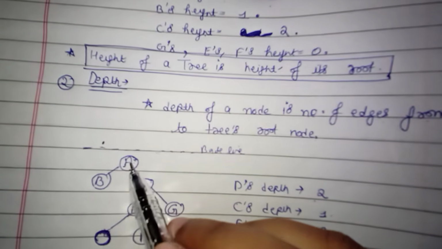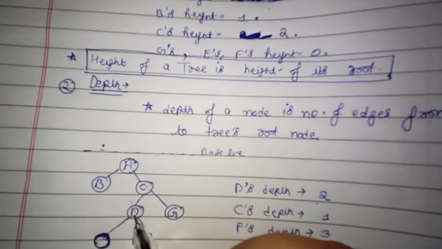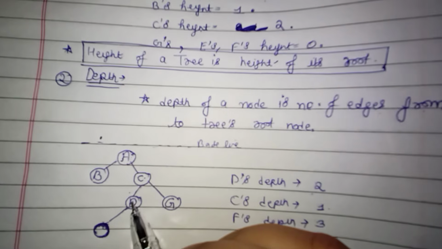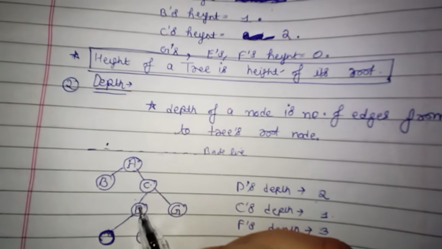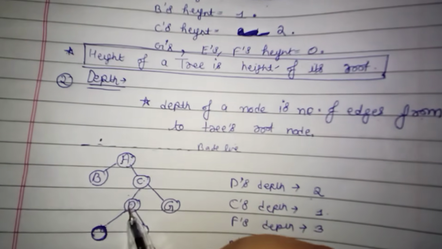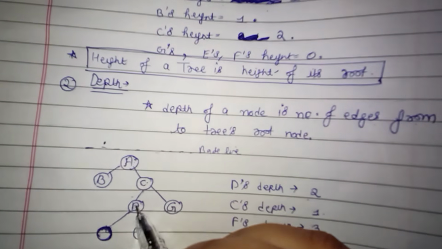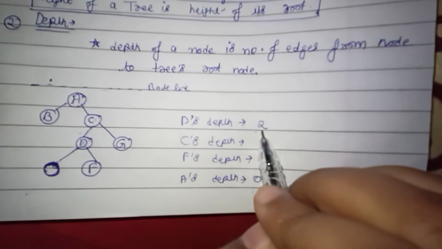So in every case the root node would be A. So we have to find the number of edges on the upward path from that node to the root node. So from D to A you can see the number of edges is 2. So the depth would be 2.